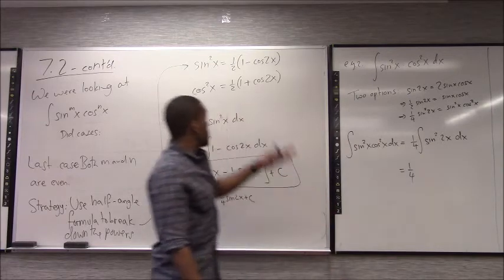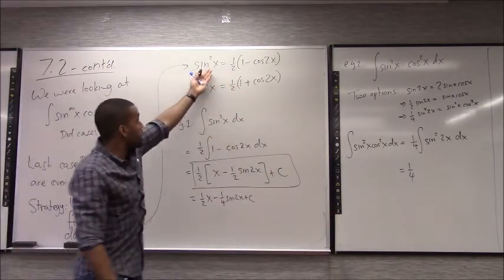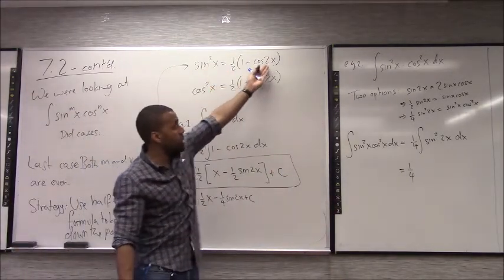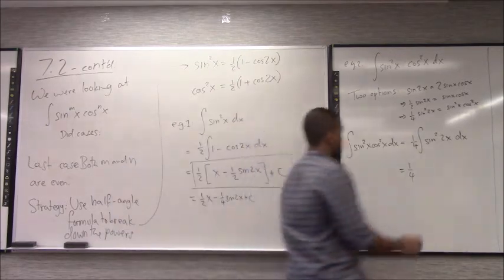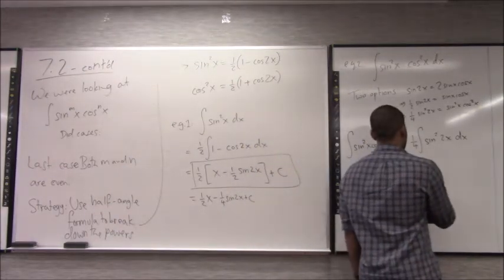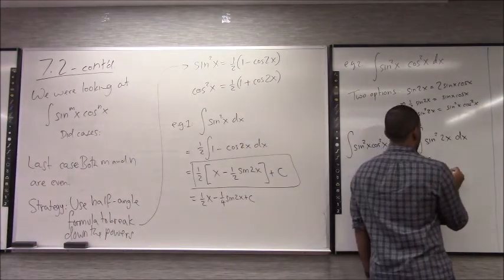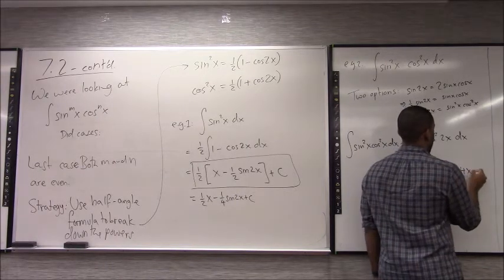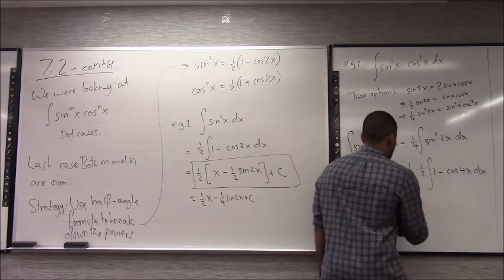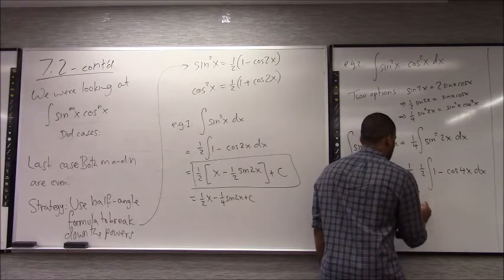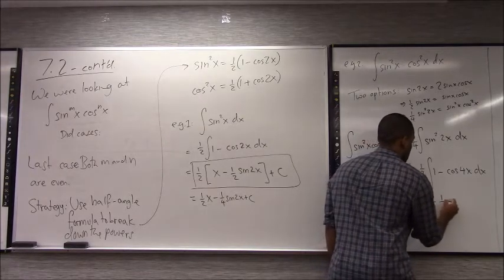Then I would apply the half angle formula for sine squared, except instead of x I have 2x, so over here I'd have 4x. And so this would be half of (1 minus cosine 4x) dx. So that would give us 1/8 times (x minus ...).